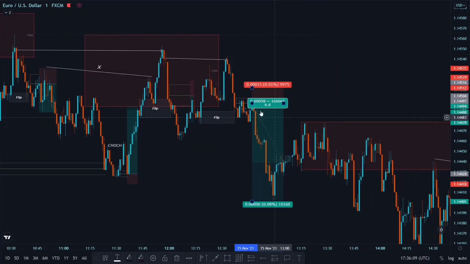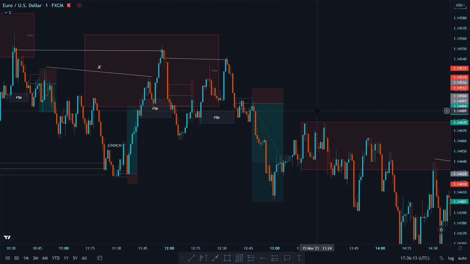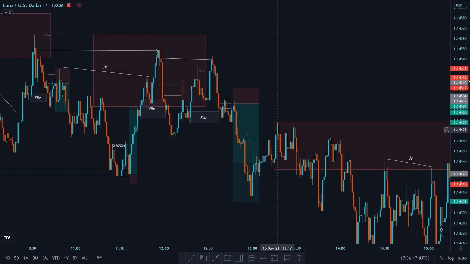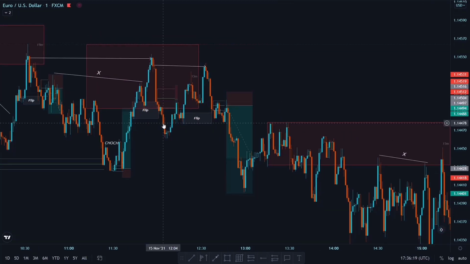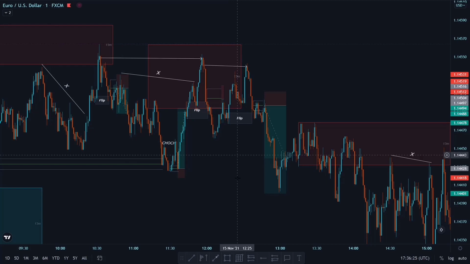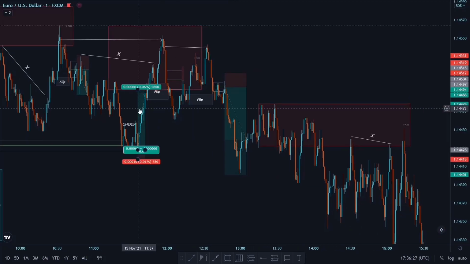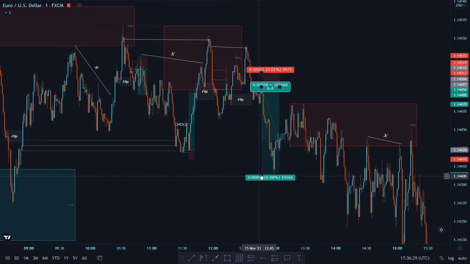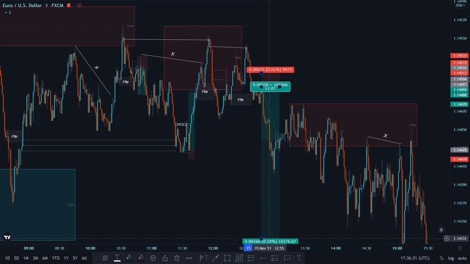So after this rapid move to the downside, I place my stop loss to break even and let my trade run, because in the higher time frame I know that we are bearish, so I have a bigger target in my mind. I was basically targeting the daily low, which was here.